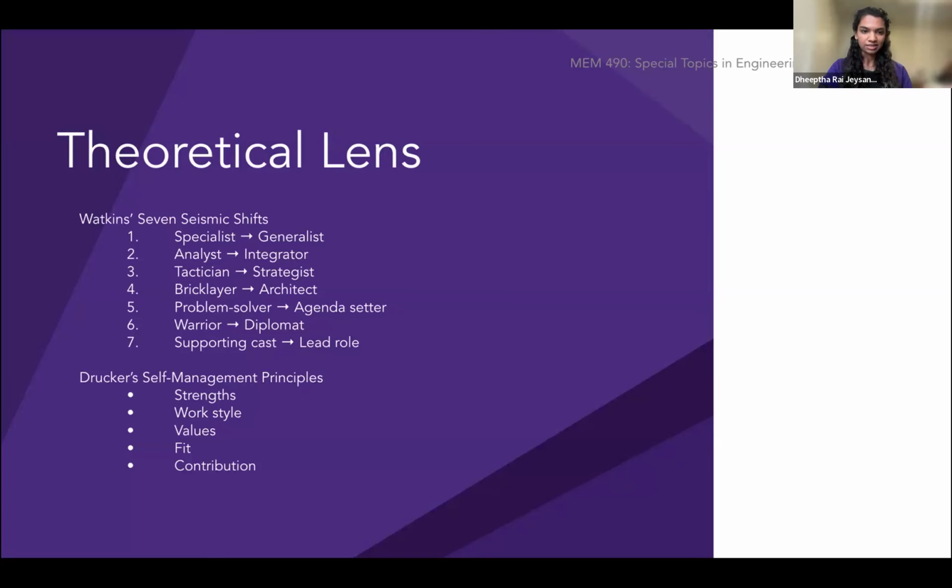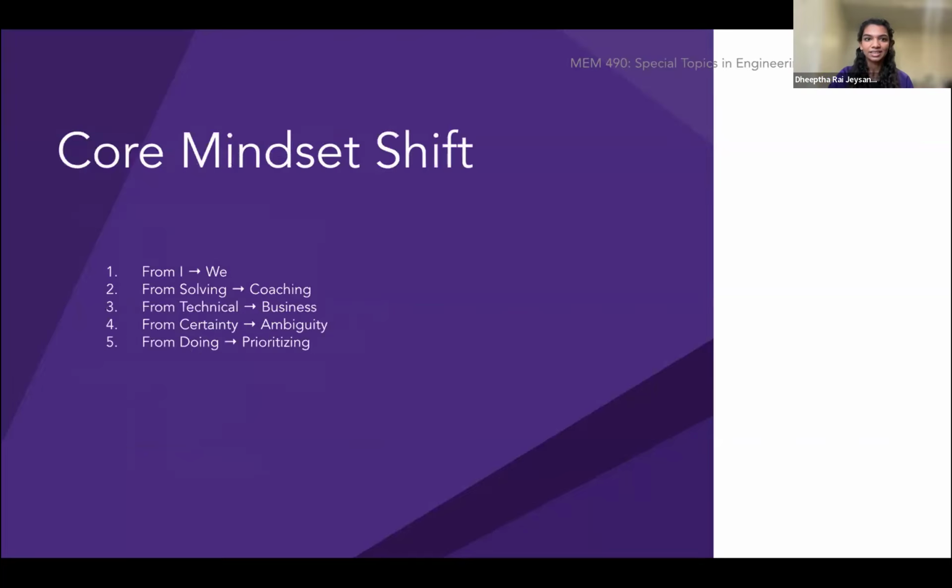For example, as an engineer you're a specialist, but when you become a leader, you become a generalist, in the sense you're not just focusing on one thing, you're looking at different parts that come together to make the success of your team. So that's the theoretical lens of the problem that we're looking at and what's expected.